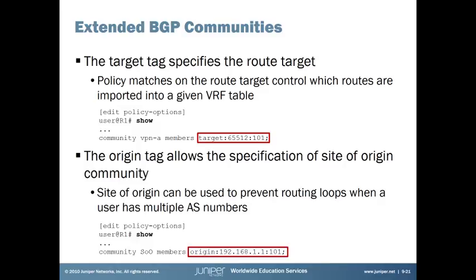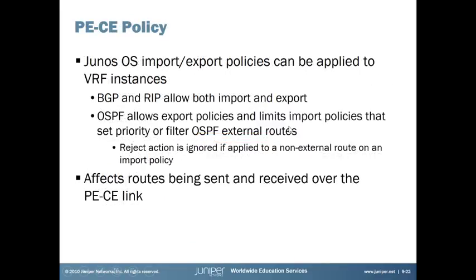So you don't have to use it, but it can solve certain problems. Junos OS import and export policies can be applied to the routing instances, so we can then control what actually gets sent between the PE and the CE if we need to do that as well. So that's just an additional control over routing information.